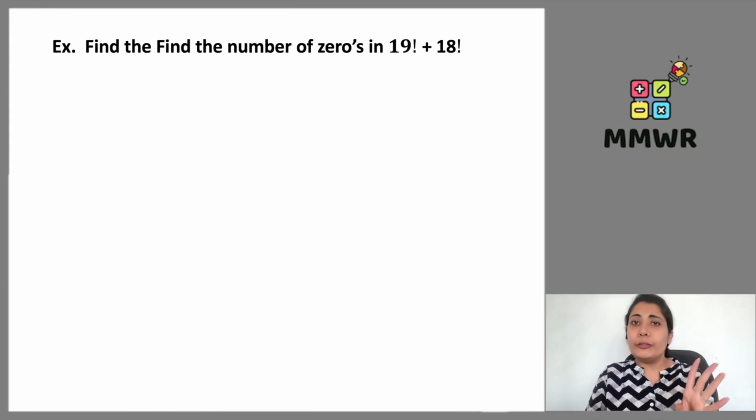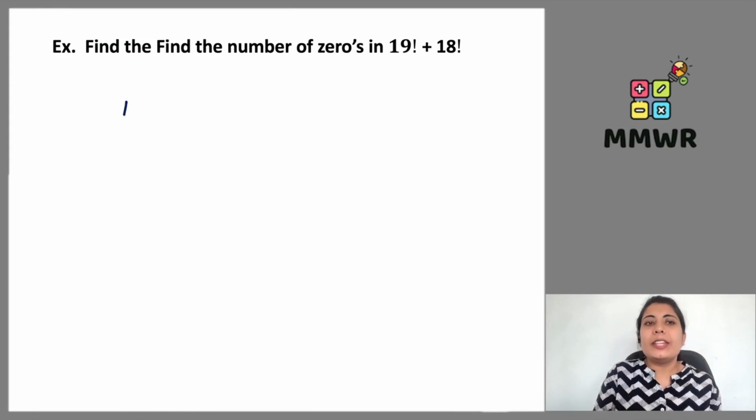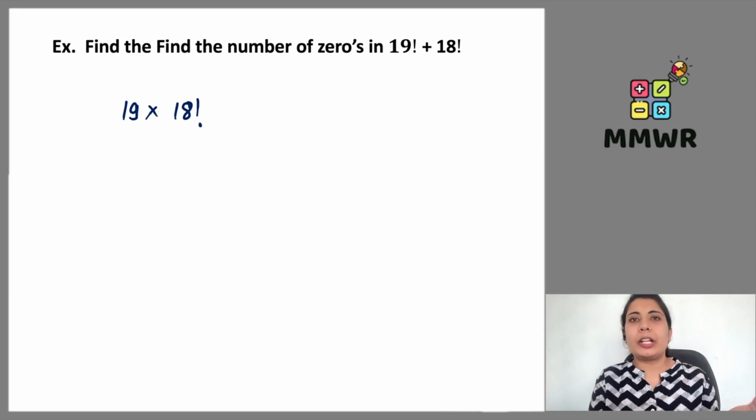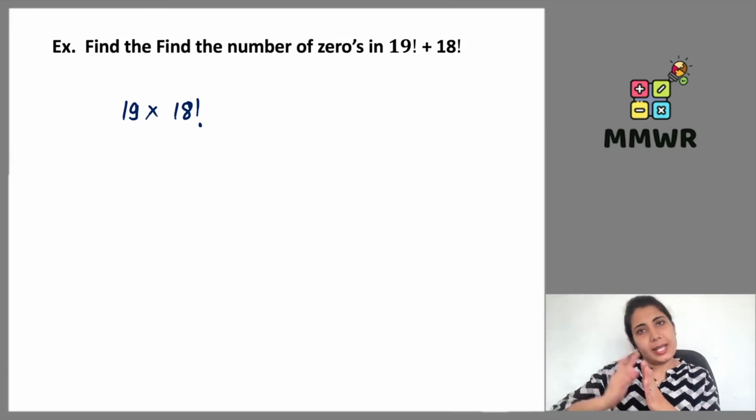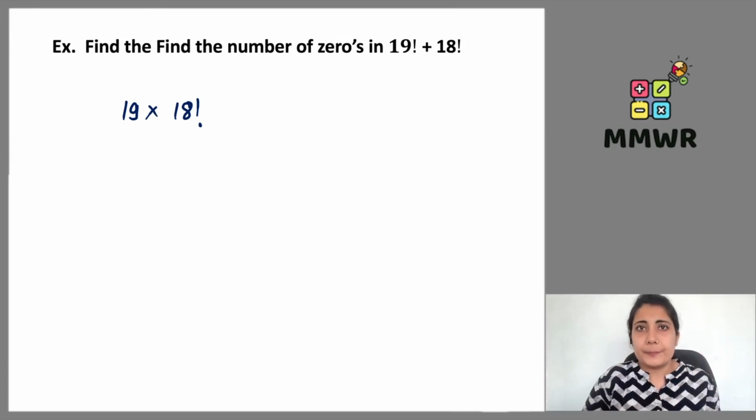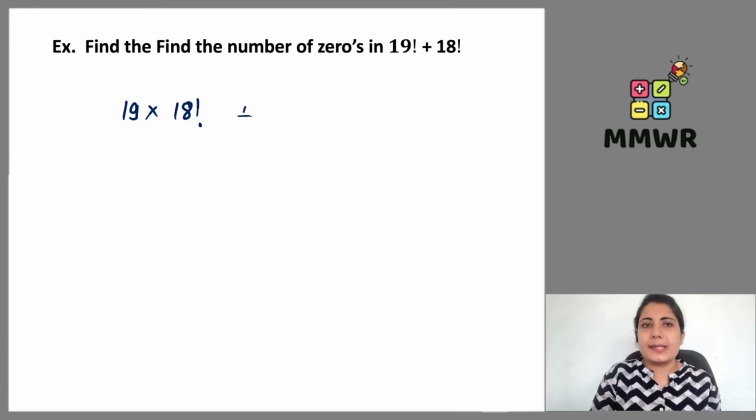I'll show you. First, 19 factorial, we have another way to write this 19 factorial. We can write it as 19 multiplied by 18 factorial, right? Because 19 factorial is nothing but 19 multiply 18 multiply 17 16 15 ऐसे करते करते 1 तक multiply करना. So that can be written as 19 multiplied by 18 factorial plus 18 factorial.